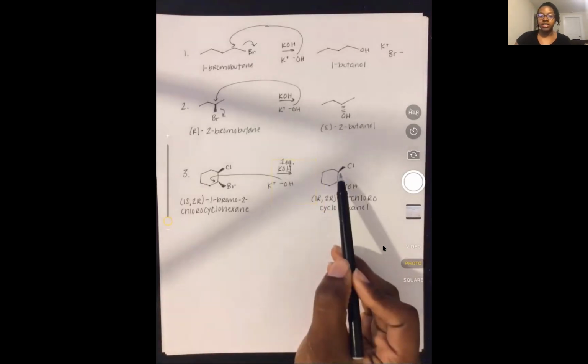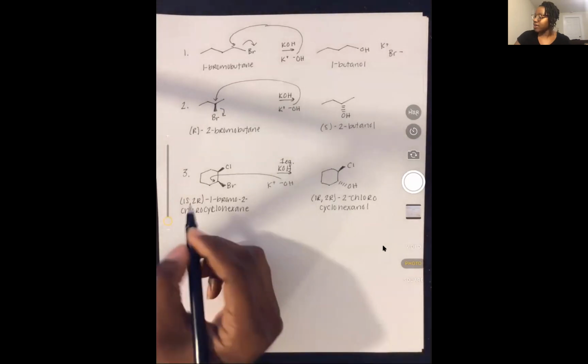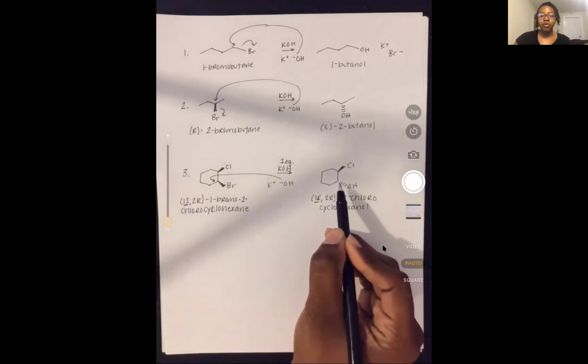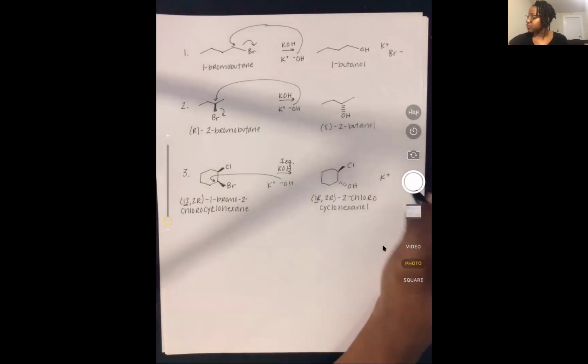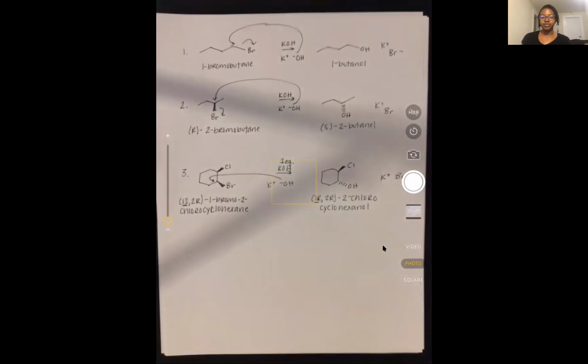Again, the stereochemistry of the chlorine is still the same, that is still R, but now instead of having S, we have R at this carbon where the reaction actually took place. And we still have our other products.